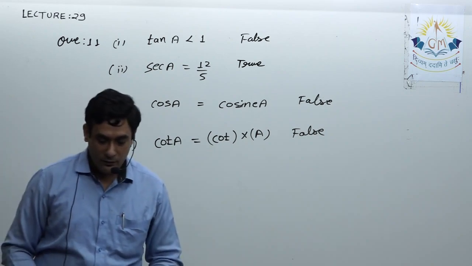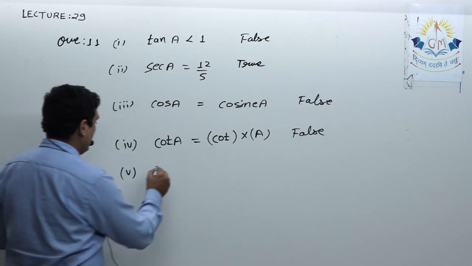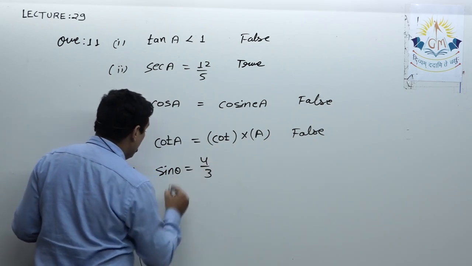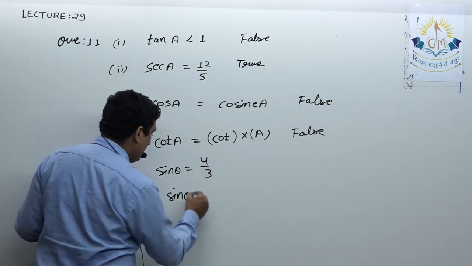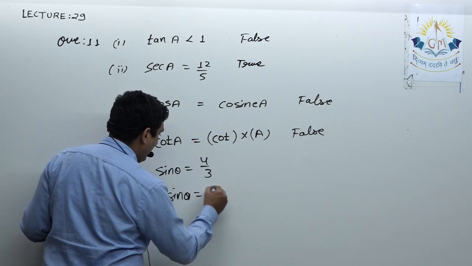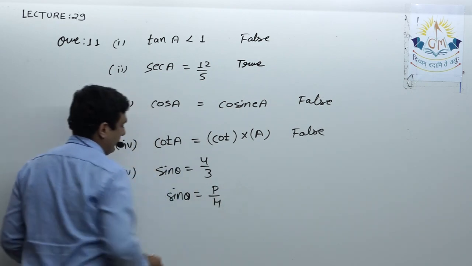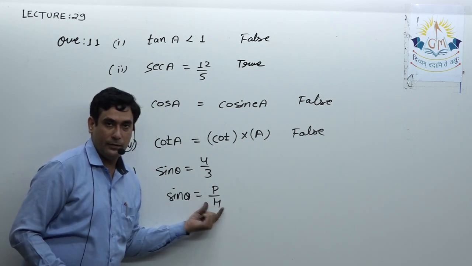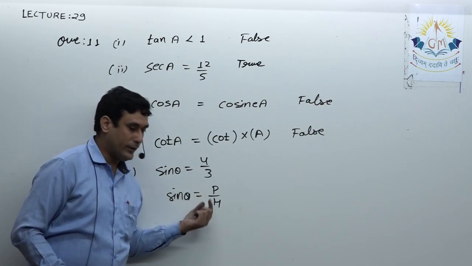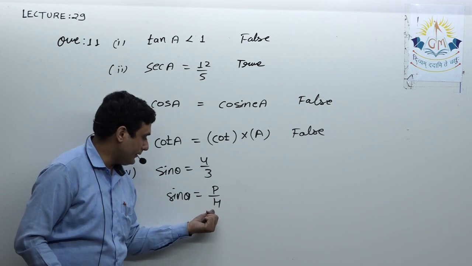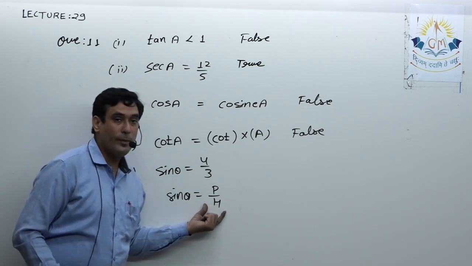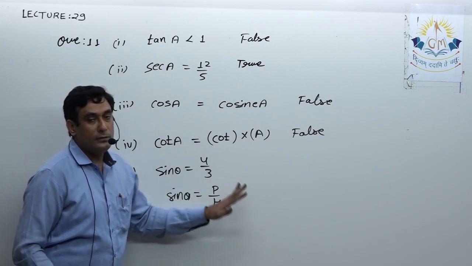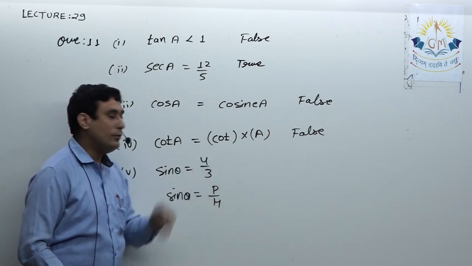Then the fifth statement, sin theta is equal to 4 by 3. We know sin theta is equal to perpendicular upon hypotenuse. Hypotenuse is always the greatest among perpendicular, base and hypotenuse. So any value of sin theta is valid if the denominator is greater than the numerator.